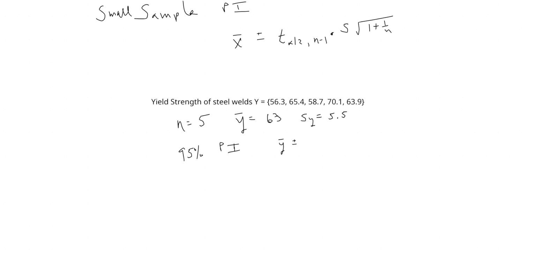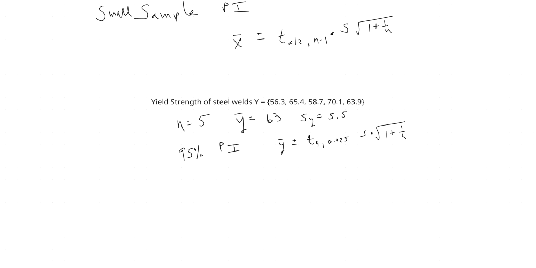Our degrees of freedom are n minus 1, so that's 4. And then alpha over 2 is 0.025. And then we're going to have s times the square root of 1 plus 1 over 5.